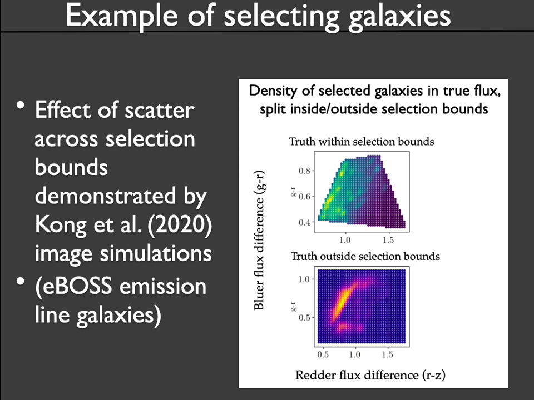So this meant that our EBOSS sample, where the depth was worse, had more galaxies at low redshift, and we had to account for that in our analysis in order to not get biased results.